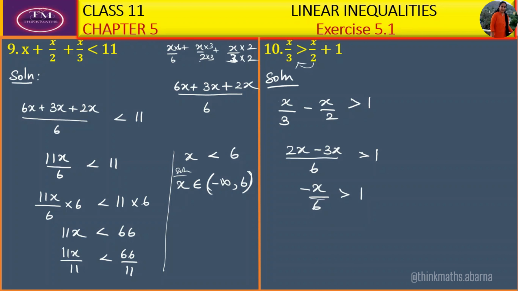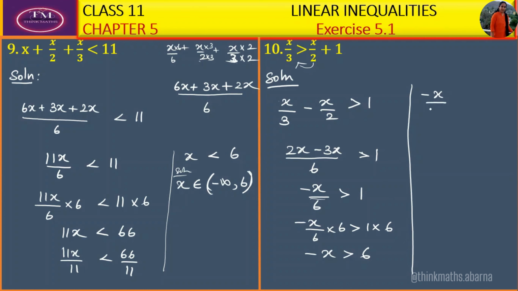To remove this 6 in the denominator, we will multiply by 6 on both sides. So 6 gets cancelled. So minus x greater than 6. As we have a negative sign here, we should multiply by negative or divide by negative. Anything is correct. So if we divide by negative, this negative gets cancelled.